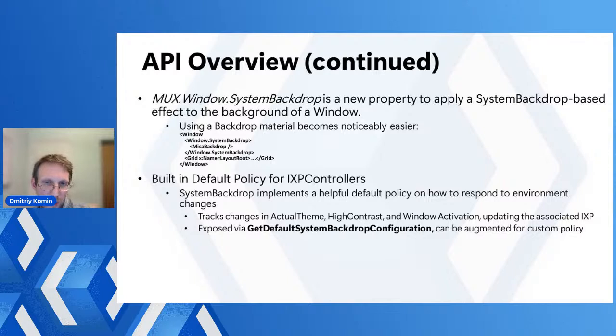With that, it is now possible to use a more traditional XAML usage model. Here, even though this is still a little bit wordy, we're setting the window's system backdrop property in markup to a new Mica backdrop. All Mica backdrops are currently the same, because there is actually one parameter on that one kind, so this makes sense here, but that's all that's needed to use it.